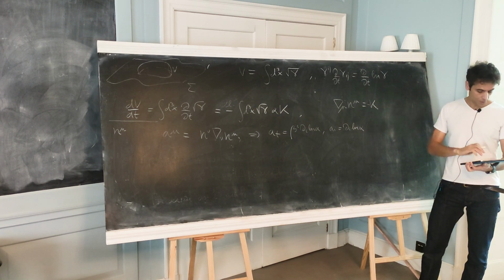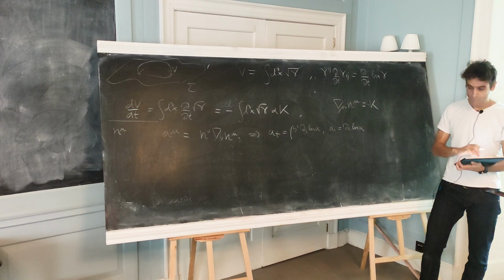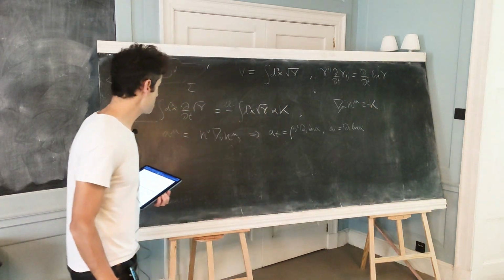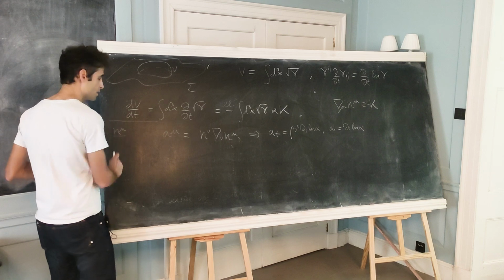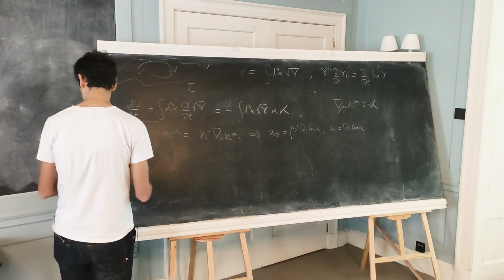Okay? So now you can say, well, let's choose a slicing such that these observers move on geodesics. So that's called geodesic slicing.